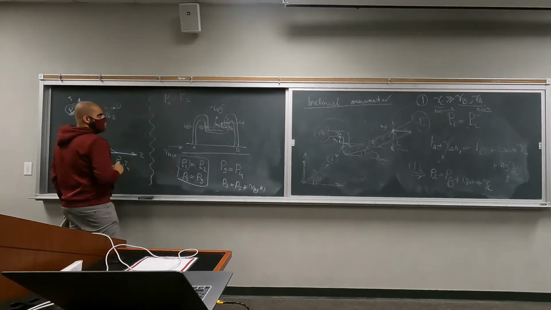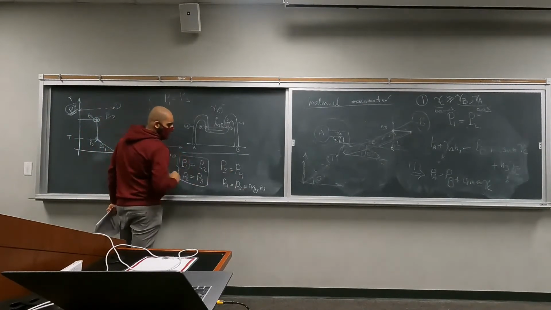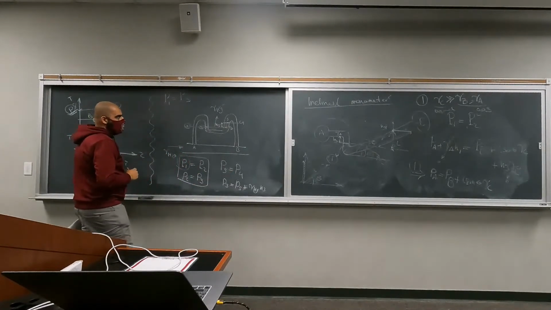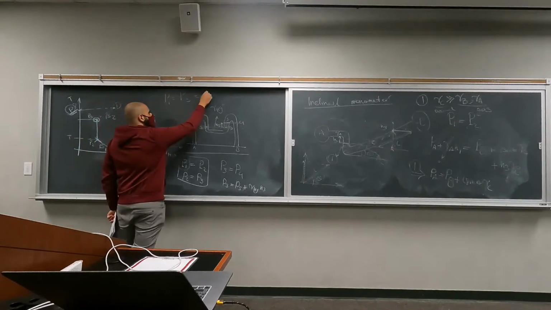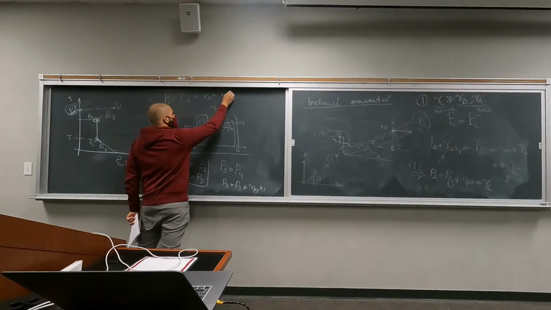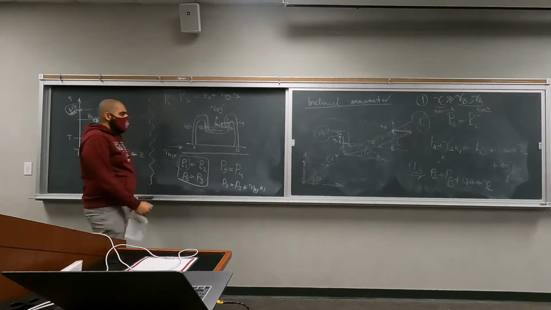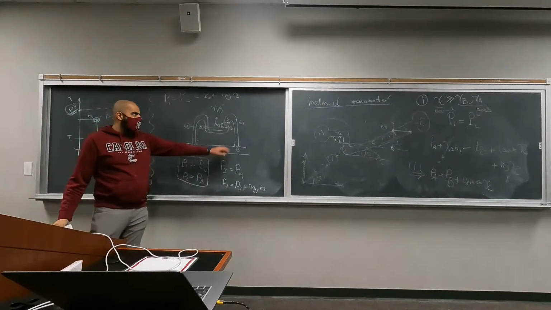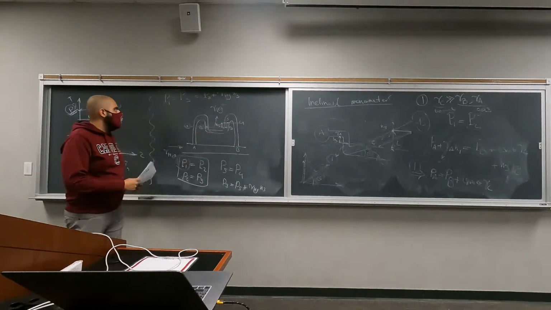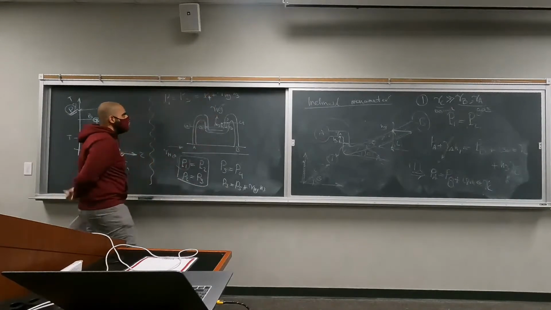Let me simplify the equation. P1 is equal to P3, based on these two. And then P3 is equal to P5 plus gamma of Hg, H3. P5 itself is equal to P4, which is inside the water column, so I'm just going to put that in.